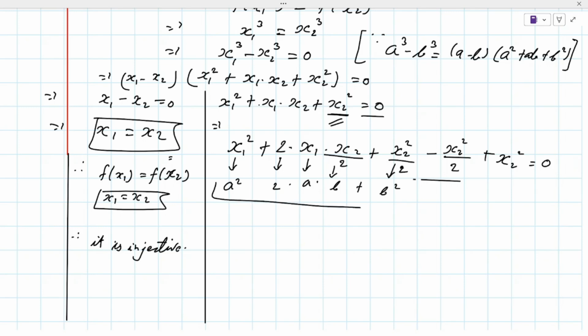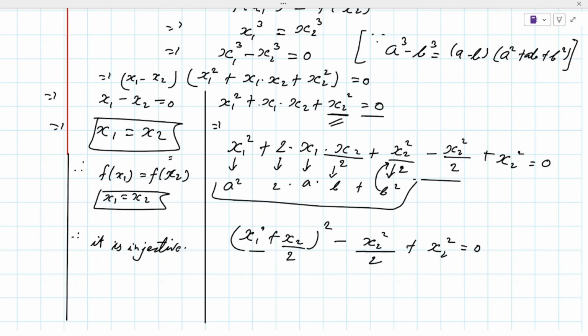So this whole part, can we write it like this, x1 plus x2 by 2 whole square, because our b is x2 by 2? This is b square. So in the place of b we can write x2 by 2, and here it will be minus x2 square by 2 plus x2 square, equal to 0. Any doubt? No doubt.